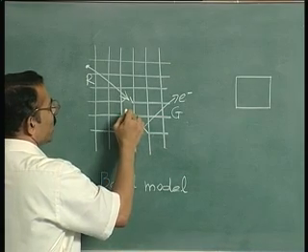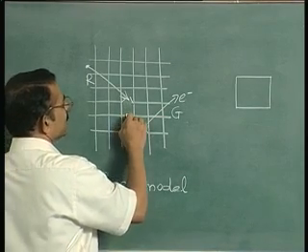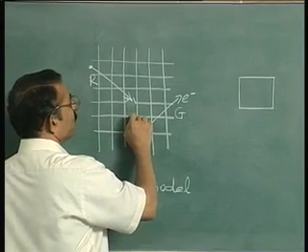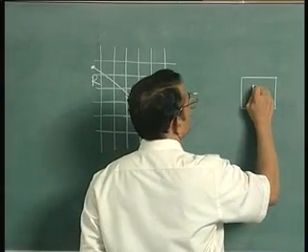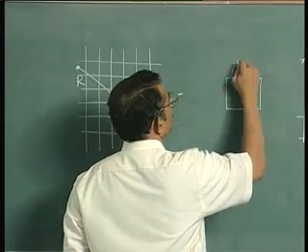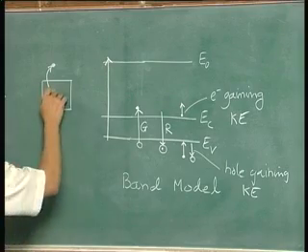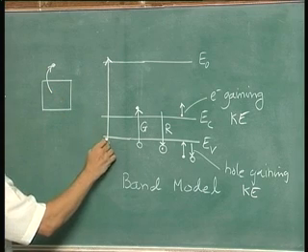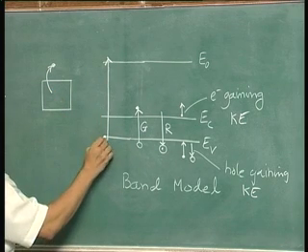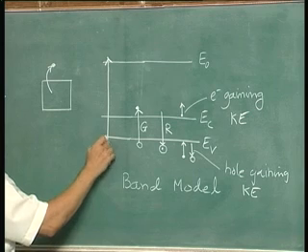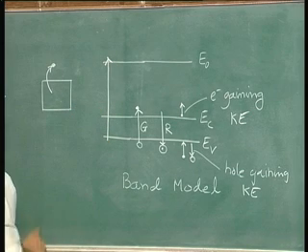Now if this bond breaks and an electron is set free but moved out of the crystal, so the electron is coming out of the crystal, then its energy transition would be represented as shown here. The electron is jumping from valence band to the vacuum level.